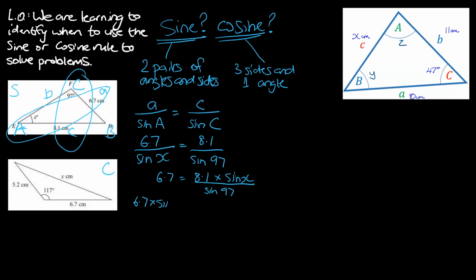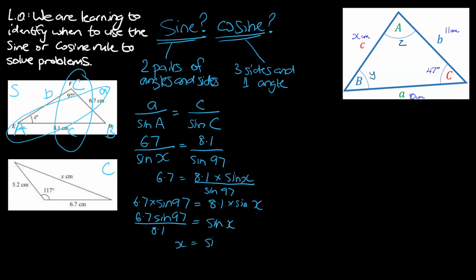6.7 times sine 97 is equal to 8.1 times sine x. We then take the 8.1 over, so 6.7 sine 97 divided by 8.1 is equal to sine x.